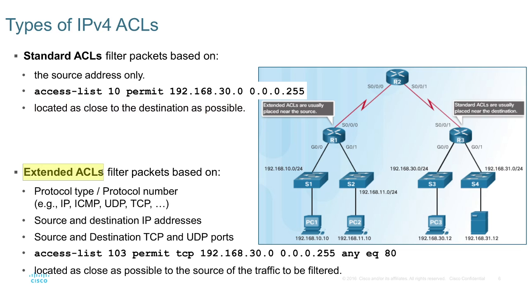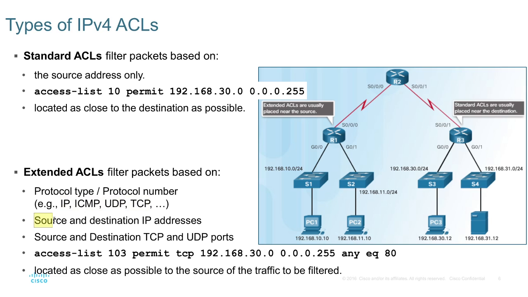When it comes to the extended access control list, we are now not only relying on the source address as we had with standard ACLs. With extended, we are also looking at protocol types, protocol numbers, so whether it is IP, ICMP, UDP, TCP.